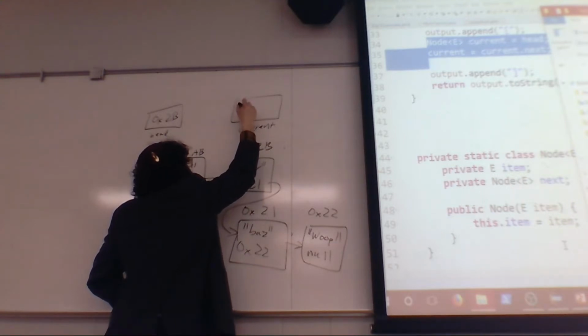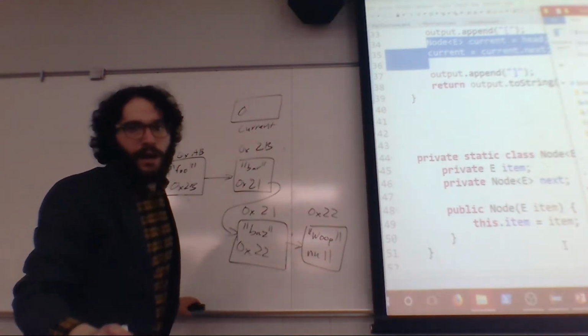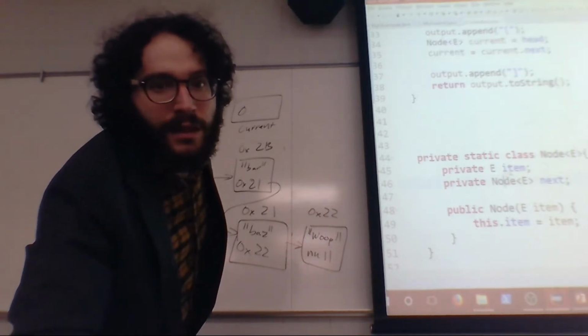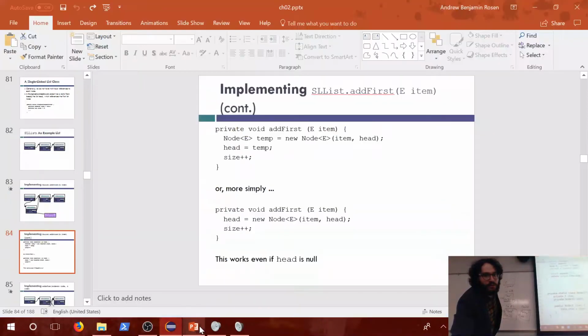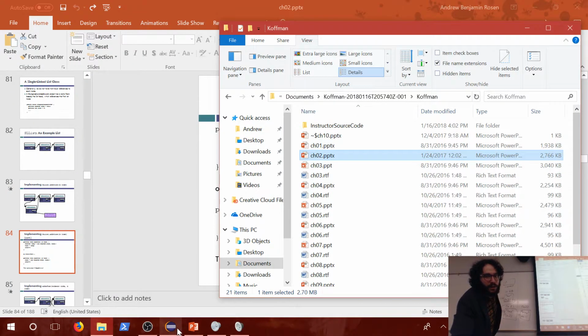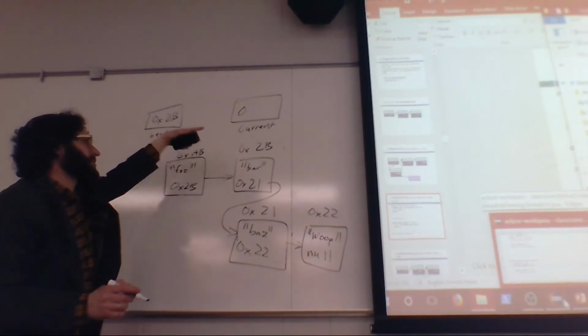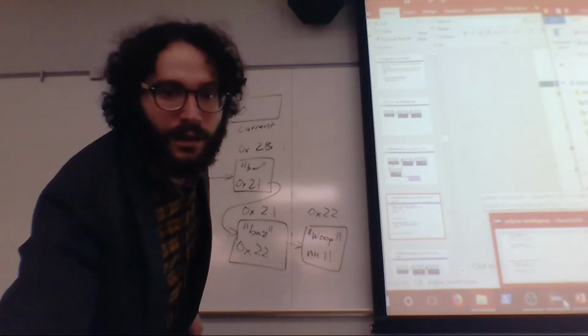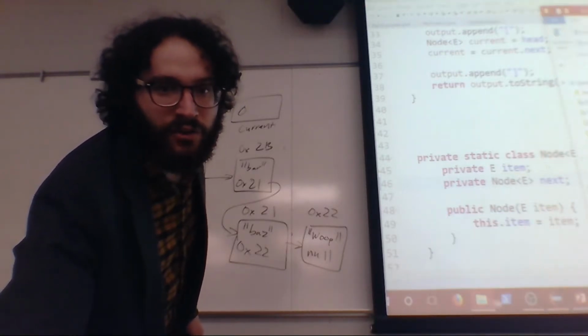Right now when we create it, we say in our code right over here that current is equal to head. So what we're going to do is take the memory location in head and store it into current.